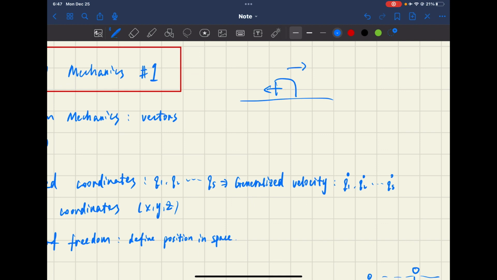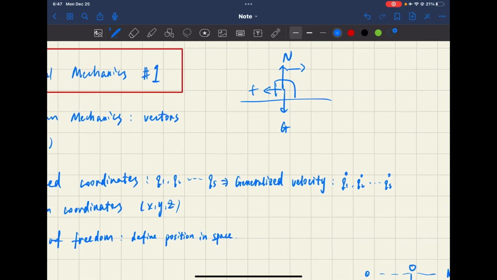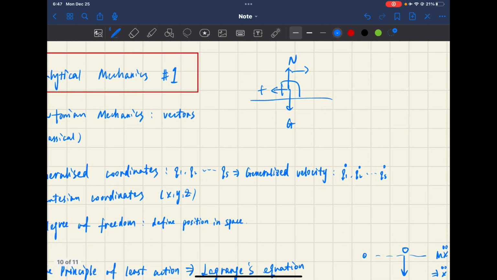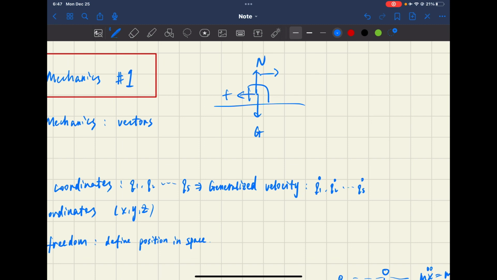So if we analyze the motion of the object, we consider the gravity, the friction, and this sort of thing, and we do the calculations based on these arrows.